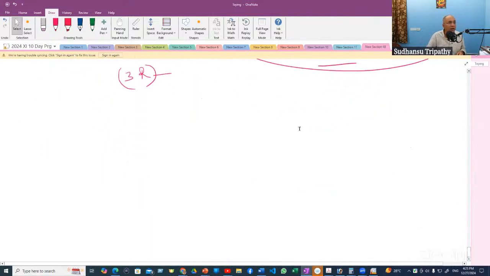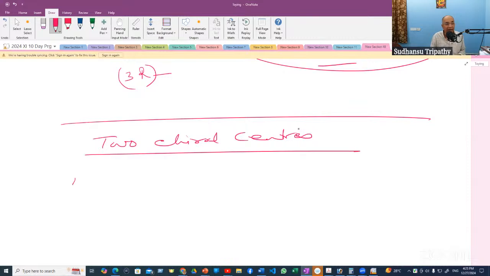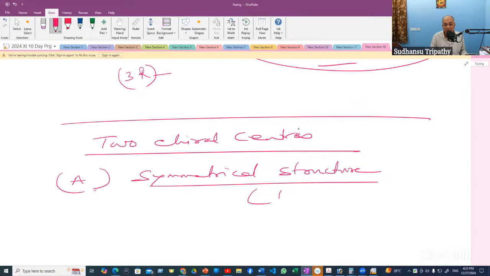Now let us write down two chiral centers. A symmetrical structure means you can have a plane of symmetry, symmetry in one form, not in all forms.